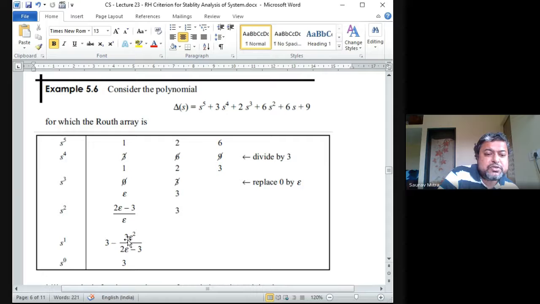That gives us s^1 as 3 minus 3 epsilon square divided by 2 epsilon minus 3. And the last element is 3, because whatever is there in the s^2 right side column, the same 3 will come here.